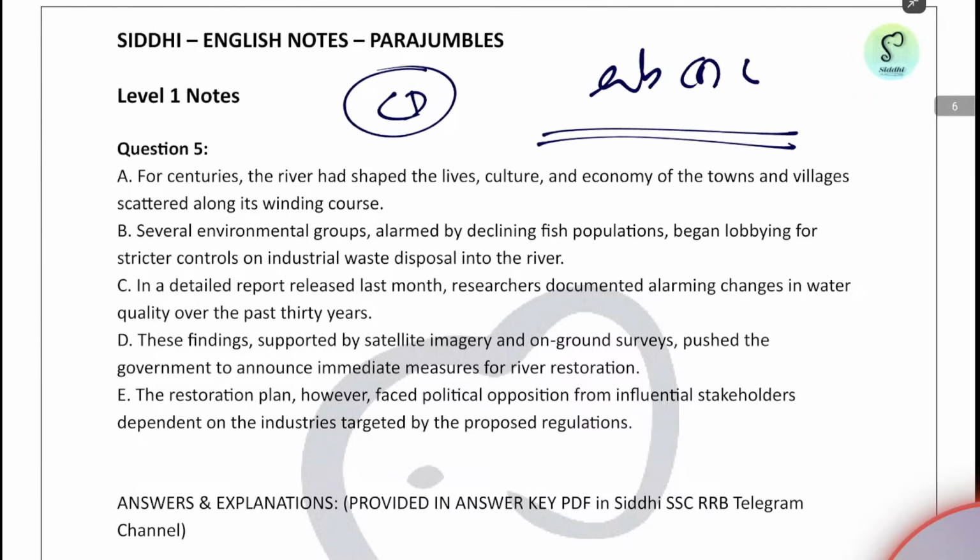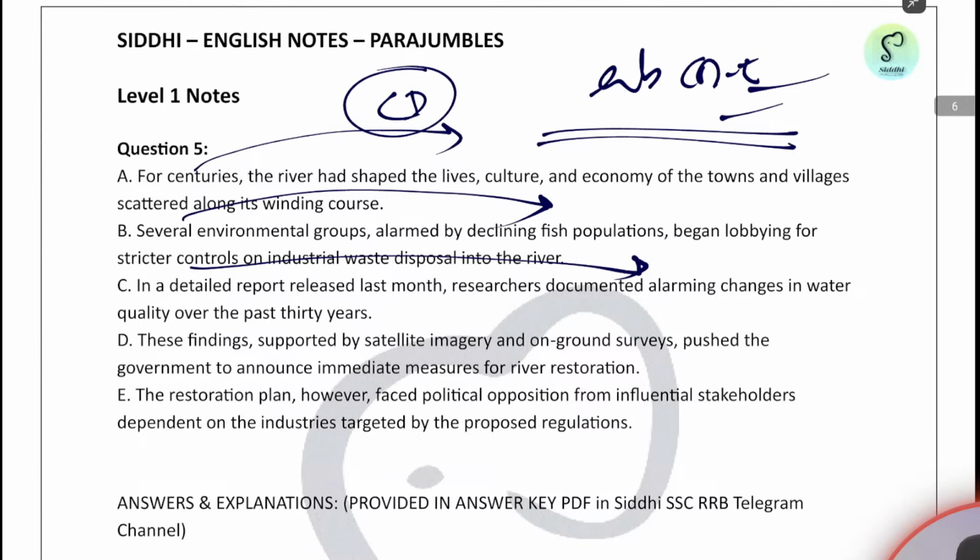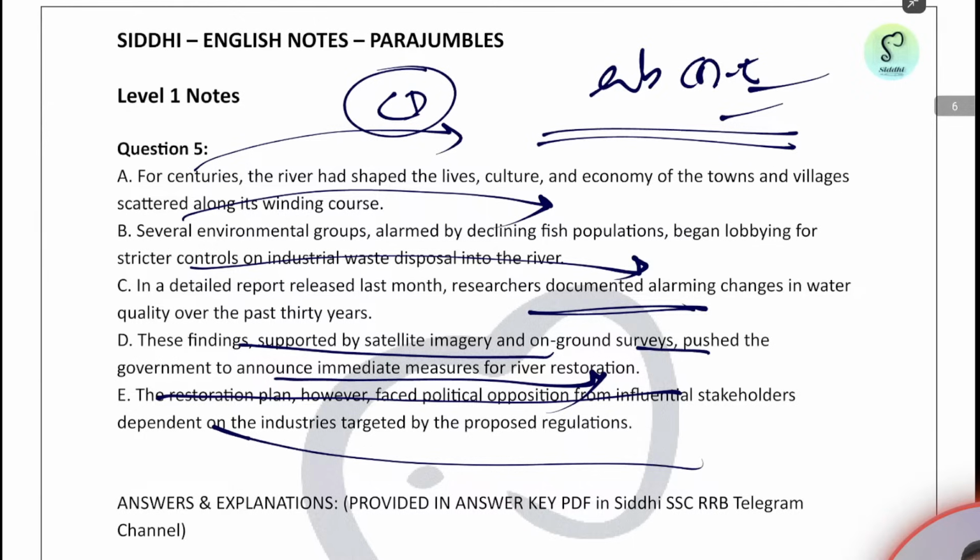A, B, C, D, E. Is it? Seriously? For centuries, rivers shaped the lives and cultures. There is a lot of declining fish population. In a detailed report released last month, there is documentation. The findings, supported by imagery, pushed government to announce plans of restoration, and the restoration plan faced a lot of opposition.